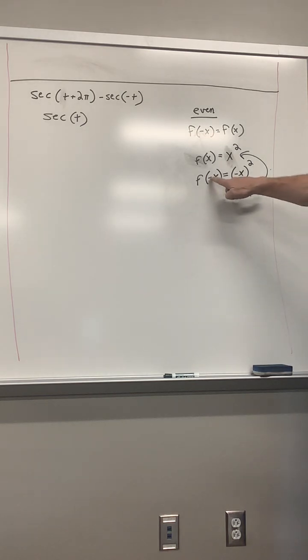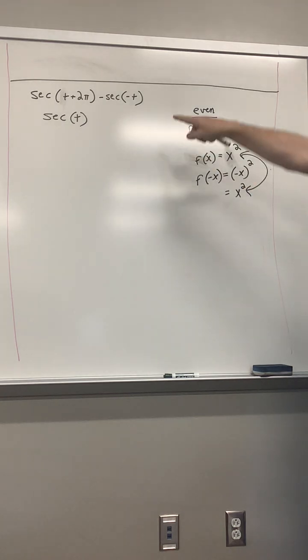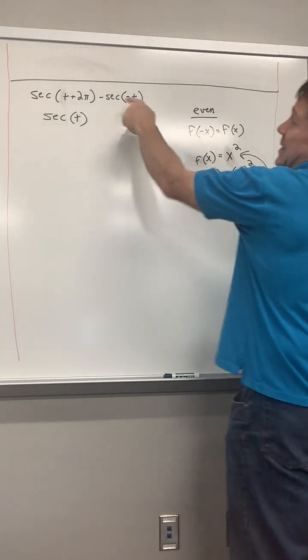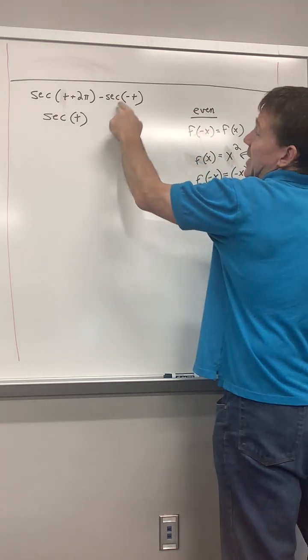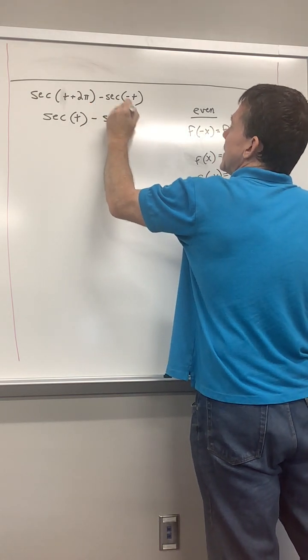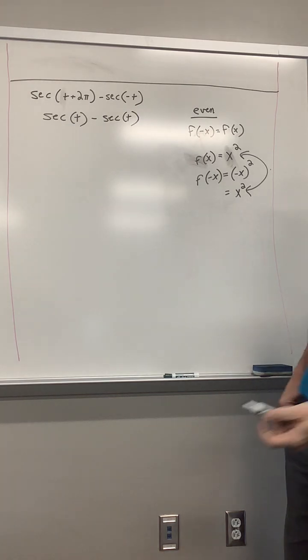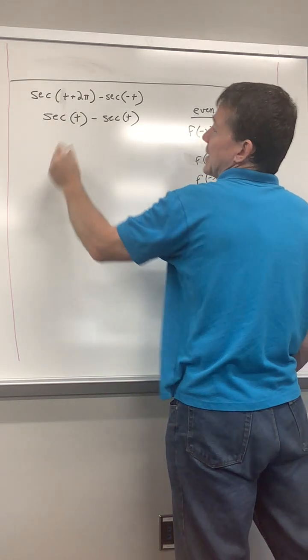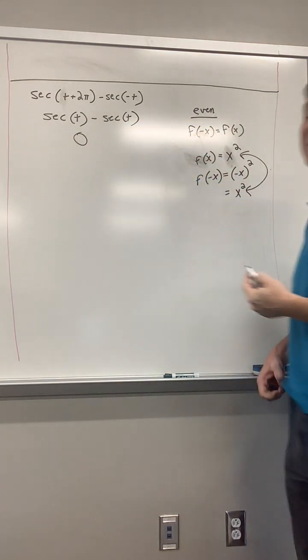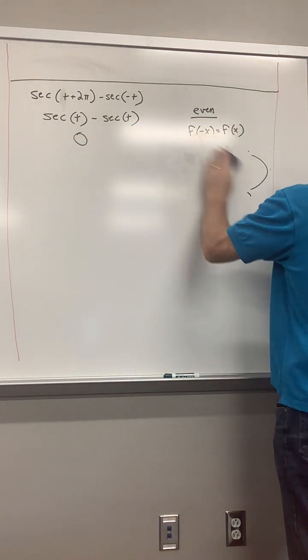It really just means I can drop the negatives here because I get the same thing. It works the same here. Since secant is an even function, secant of negative t is the same as secant of t, and the negative just disappears. But now I have secant of t minus secant of t, which just gives me 0, and that's it. That's the first one.